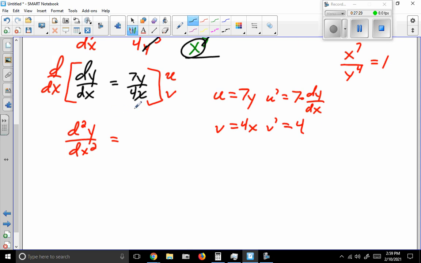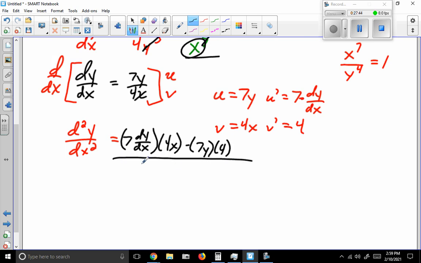So the derivative of a quotient is u prime times v minus u times v prime, all of that over v squared.